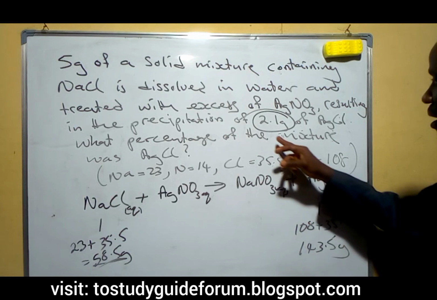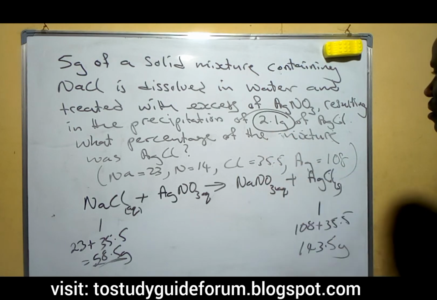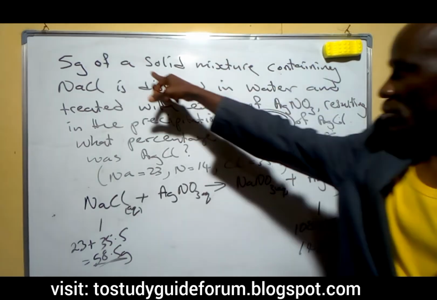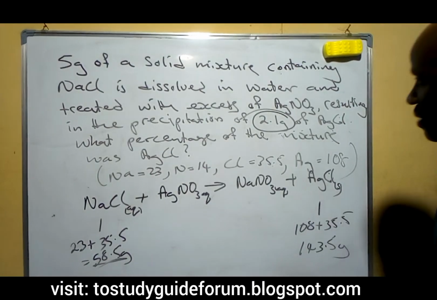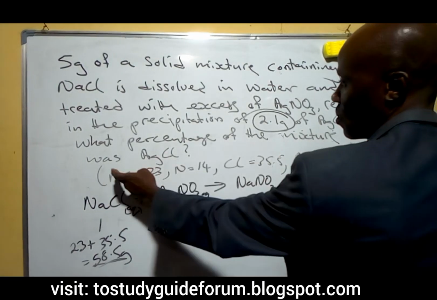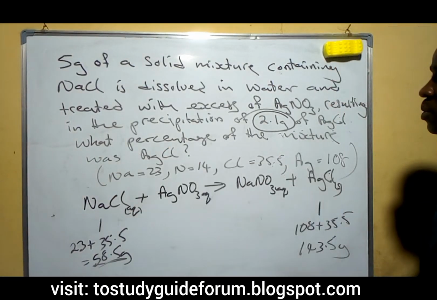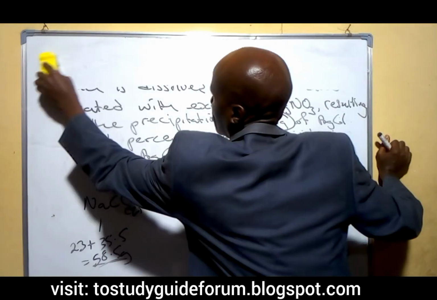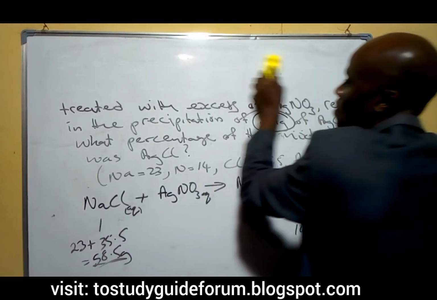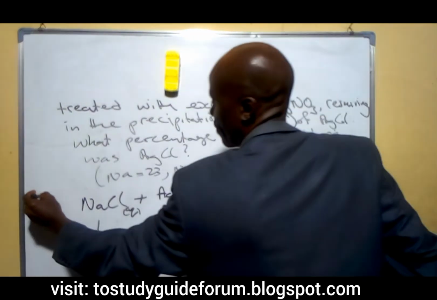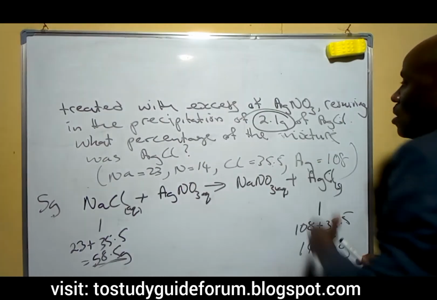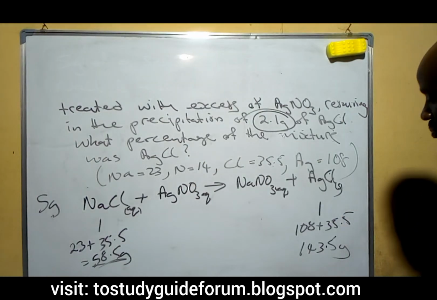And whatever gram that will give us this is exactly what has gone out of this mixture. That's exactly what has gone out of that, because we want the percentage of the mixture. So that's what it means. What we're going to do now is to look at this. We know that 5 grams is the mass of the mixture. All right.